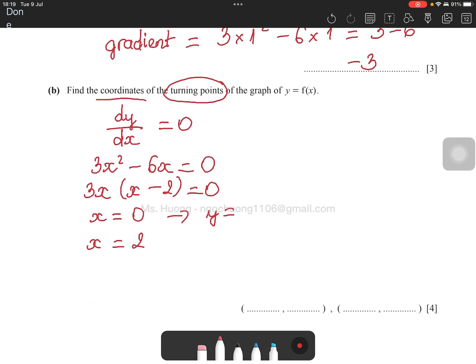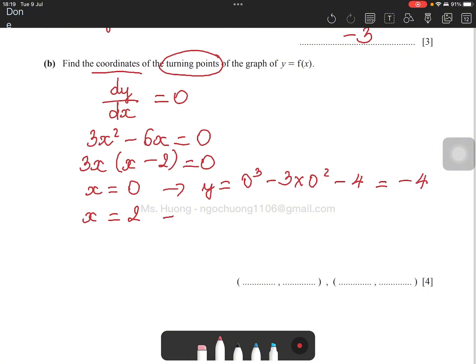And then for the second one, when x equals 2, then y equals 2 cubed minus 3 times 2 squared minus 4, which is negative 8. So the two turning points are 0, negative 4, or 2, negative 8.